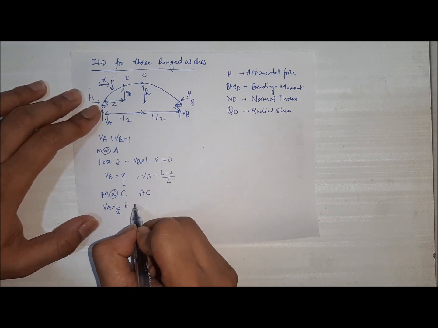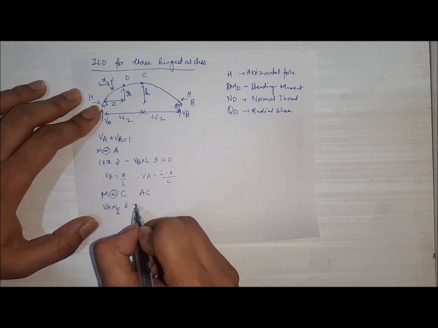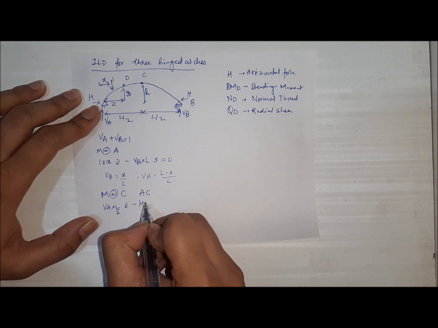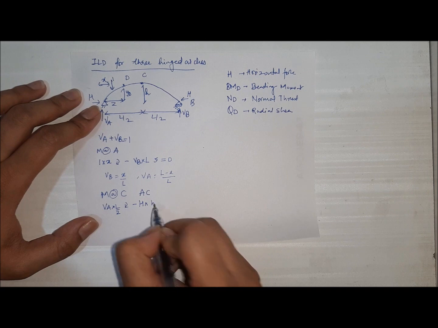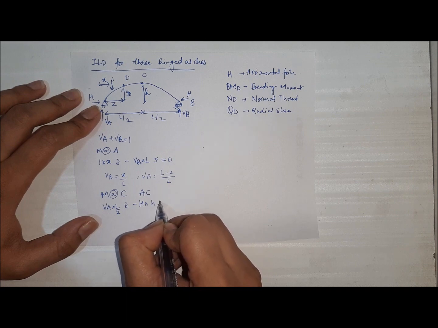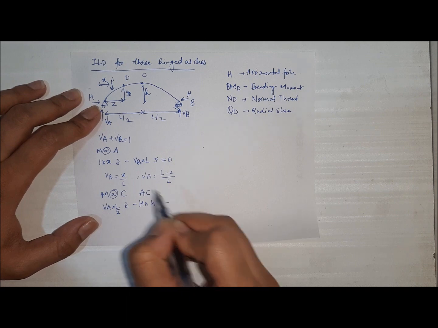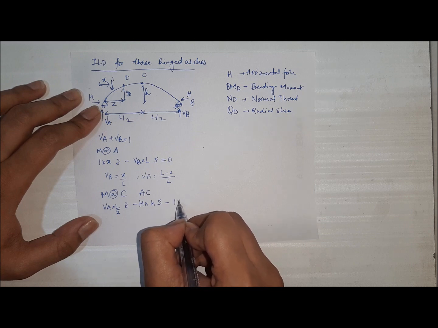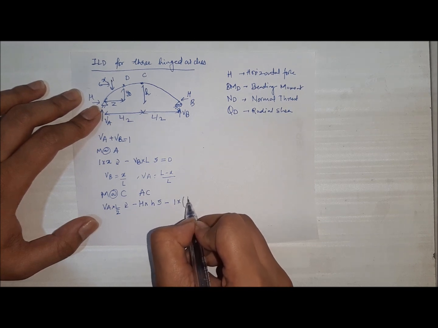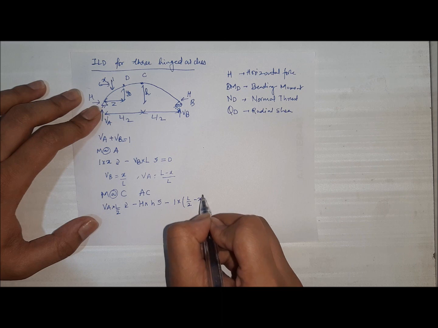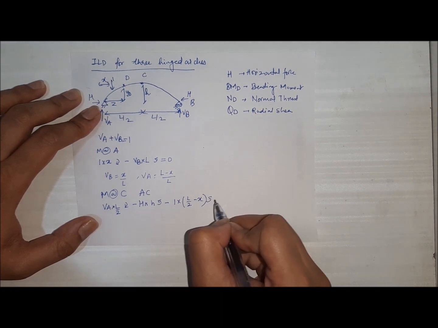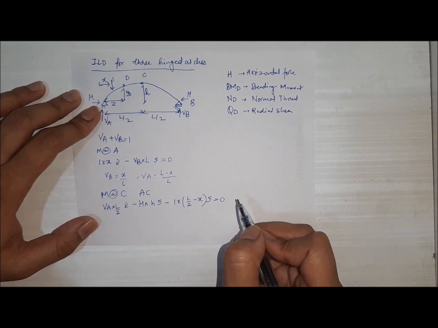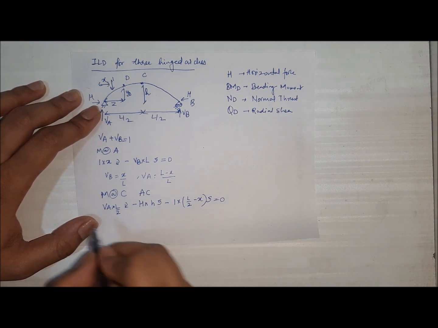Then H is in the anti-clockwise direction, therefore negative: H into small h, that is the height, minus 1 unit force into the distance L by 2 minus x, also anti-clockwise, equal to 0 because this is an internal hinge and it doesn't carry any moment, right?